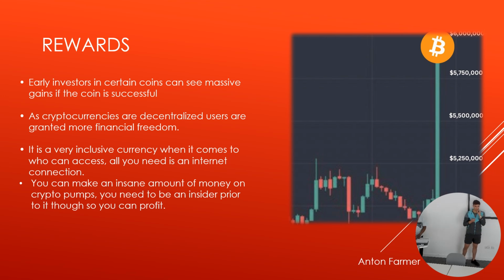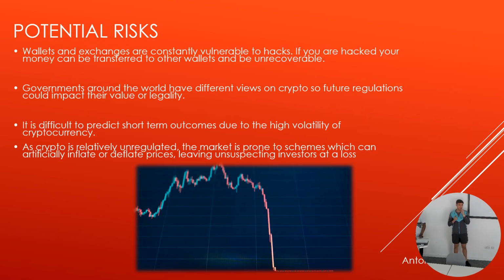All you need is an internet connection. You could be on the moon; as long as you've got internet, you can buy some Bitcoin. You can make an insane amount of money on crypto pumps. The legality of this is a bit uncertain, but there are no laws against them yet. You have to be in early.